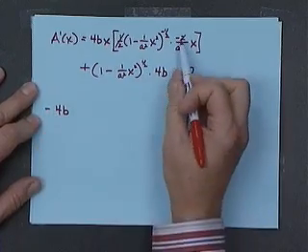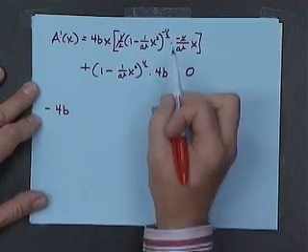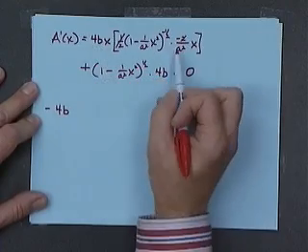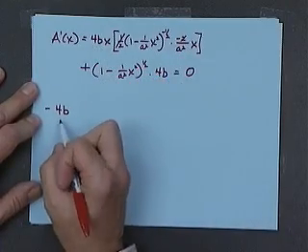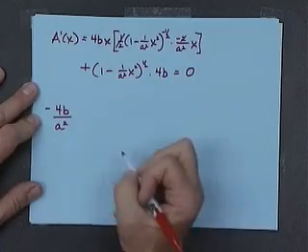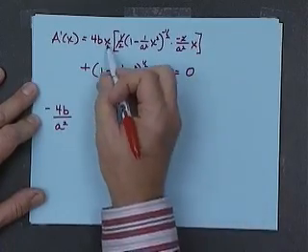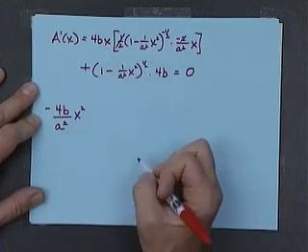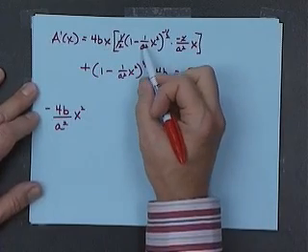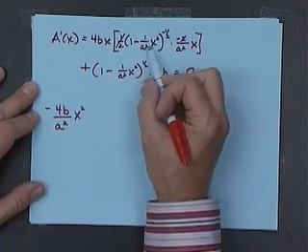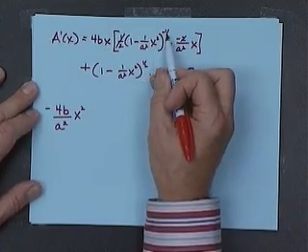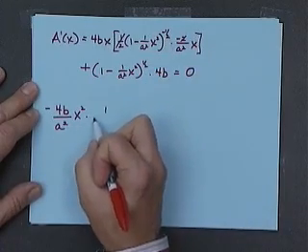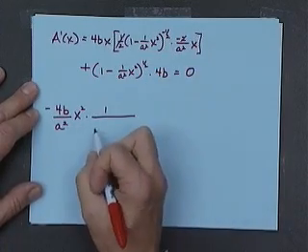Actually, we've got a negative, right? There's a negative. So negative 4b over a squared. We've got this x times this x, so we've got x squared. And this goes to the denominator. So I'm going to go ahead and kind of put it where it belongs.